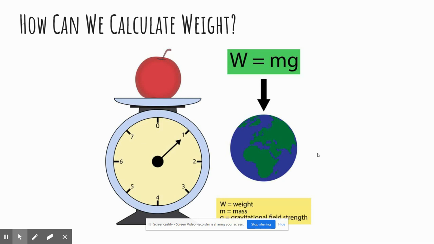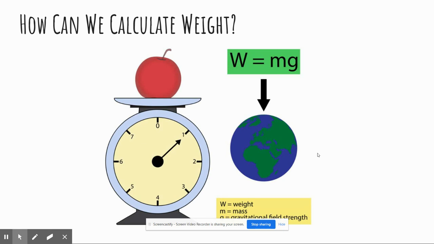So we're going to do a practice problem of this, a couple of practice problems with our next part of our lesson, where you're actually going to be finding the mass of an object or a person or a friend or your pet. And then we're going to be figuring out how that weight of that object or person or pet is going to actually change based off of the changing locations that we put them in.